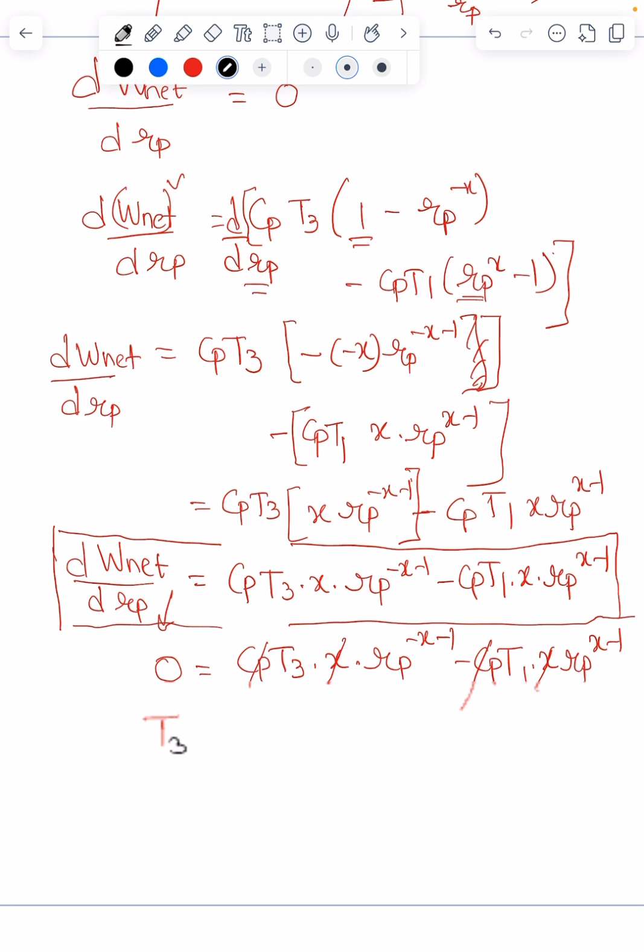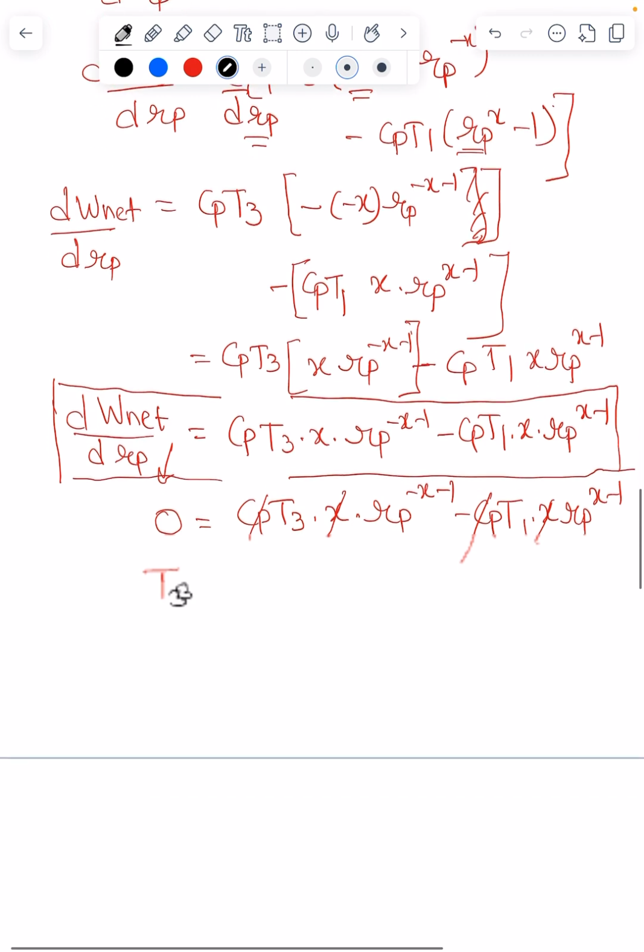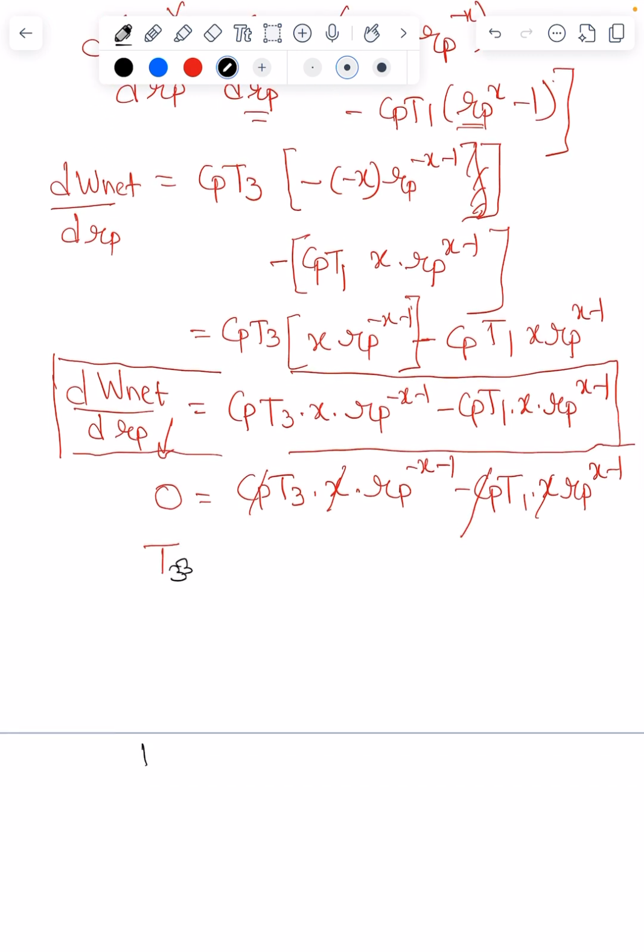You'll be left with T3 upon T1. This app is creating some problem, but it doesn't matter. Let me just rub this and write again. So what you get is T3 upon T1, because this is 0 over here, you just substitute and do some mathematical tricks.